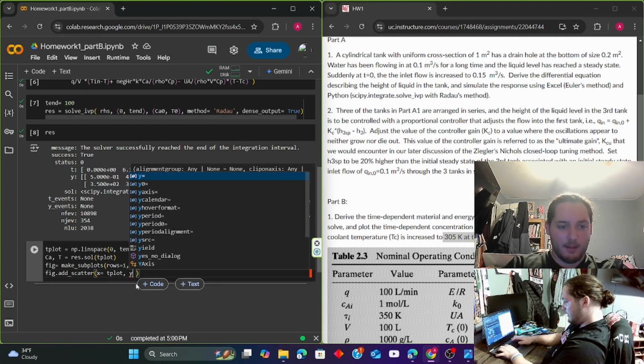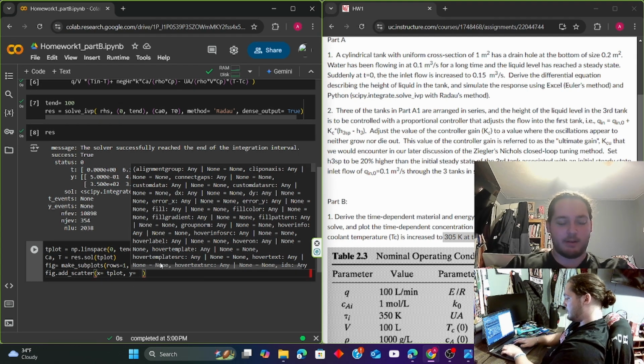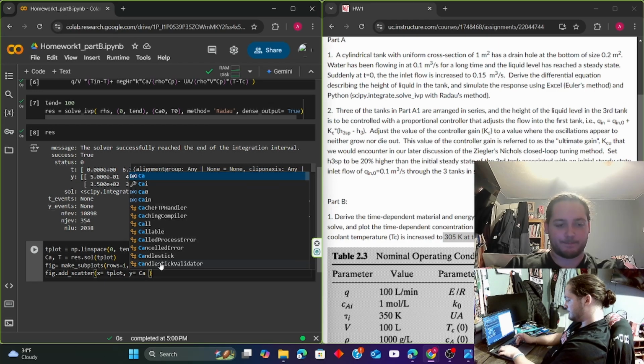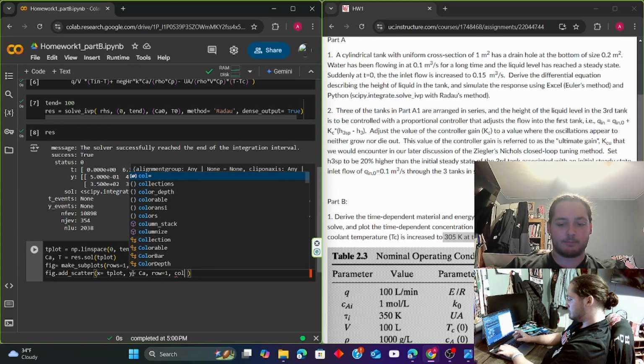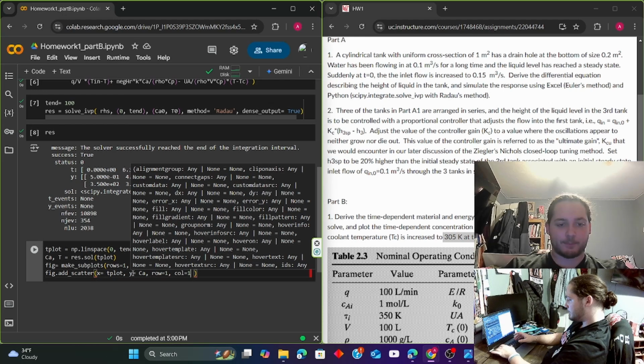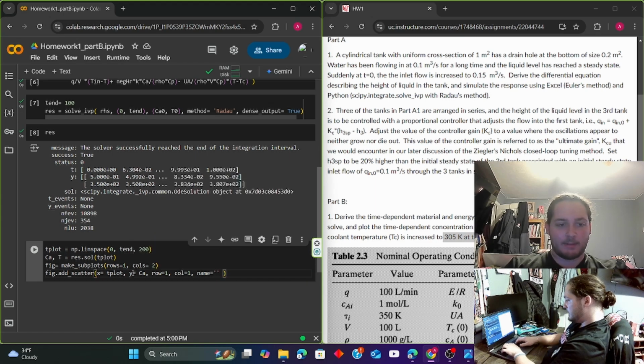Our y is equal to, well, let's go ahead and do our concentration first. And since this is our first plot, we can assign this in the first position. And then lastly, we want to give it a name. And this is our concentration profile.